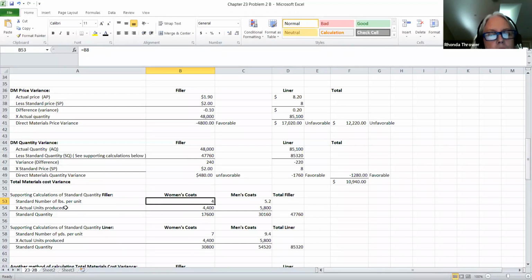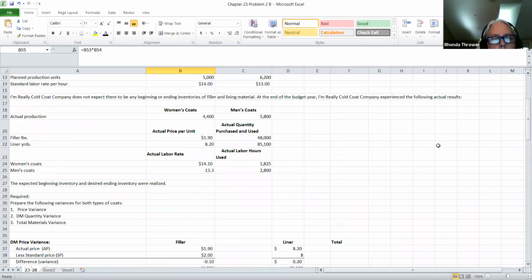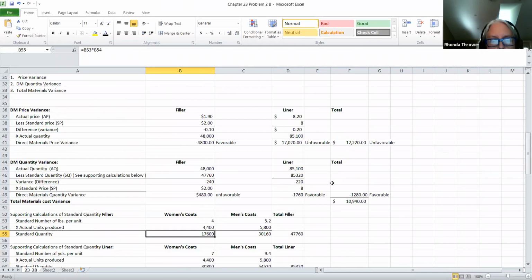You're going to multiply that by the actual units produced. And this amount was given to you in cell address B19. So if you go up to the top here, you can see where I'm going to get that 4,400. The actual production of women's coats was 4,400 coats that were actually produced.